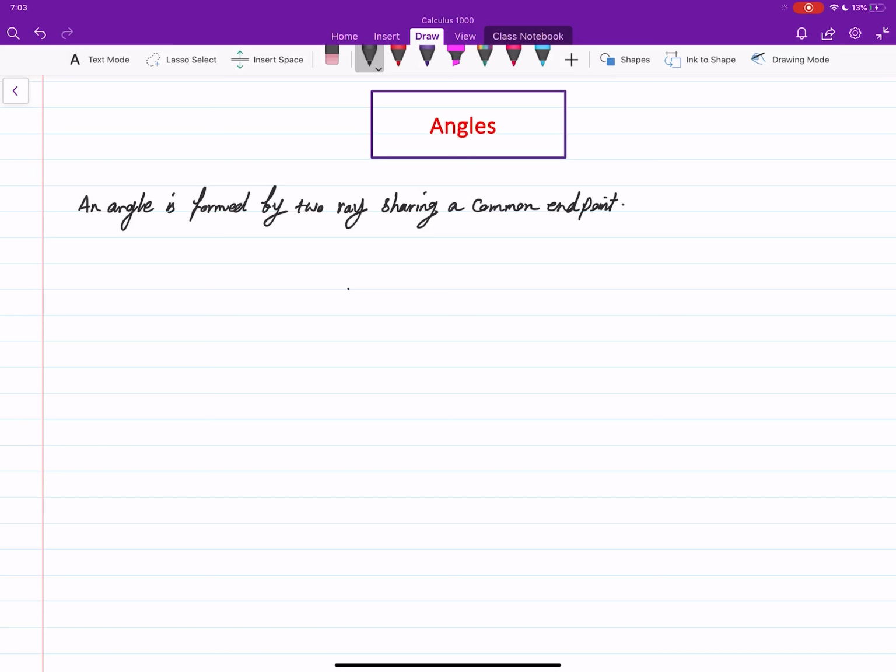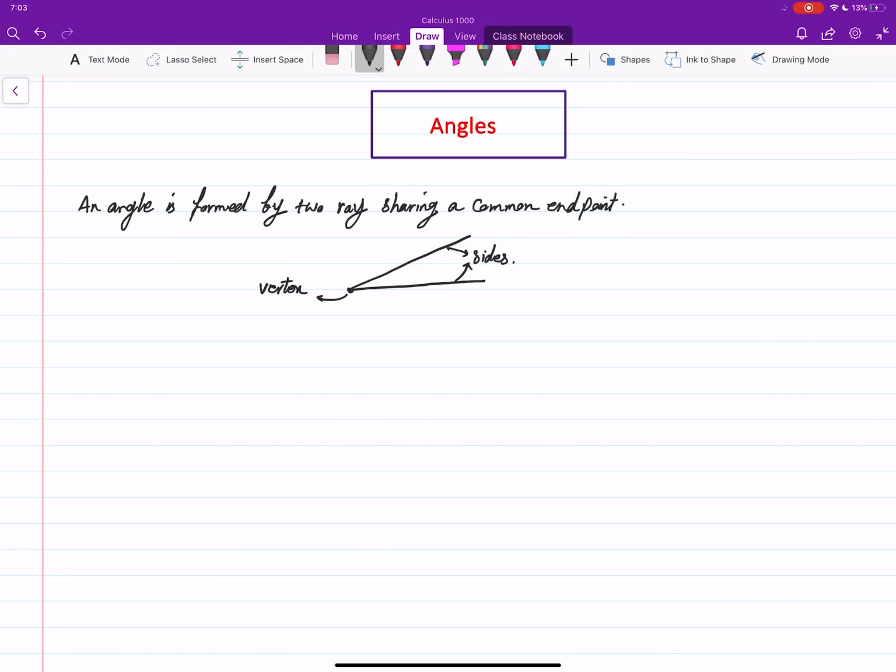Rays are half straight lines. They start from a point and then go on. An angle is formed when two of these rays meet at their endpoints. We call that endpoint the vertex of the angle, and the rays we call the sides of the angle.